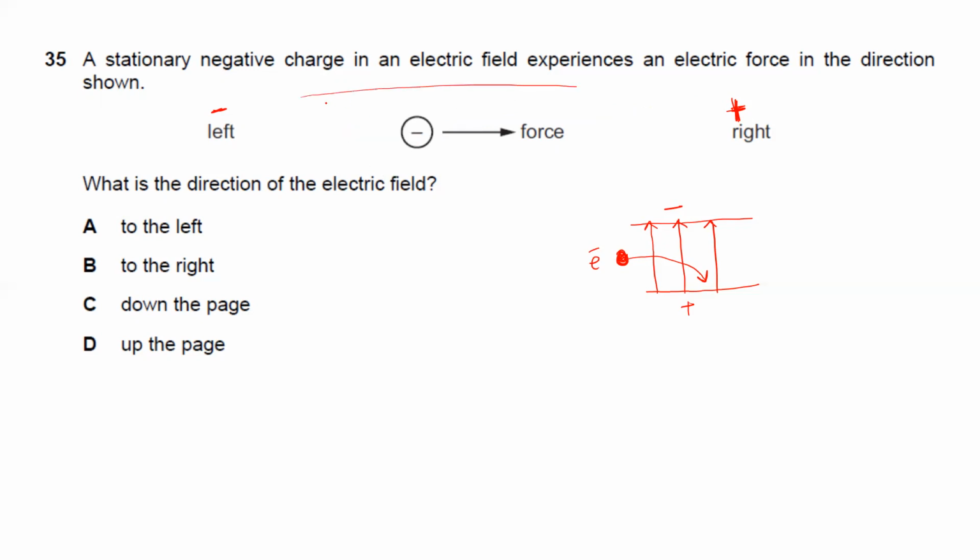So the electric field is in this direction, positive to negative. The direction of the field: to the left, yes; to the right, no; down the page, no; up the page, no. So answer A is the best choice, to the left.